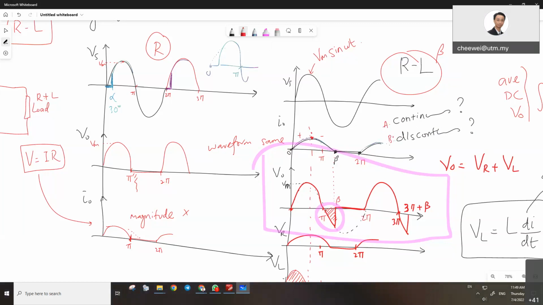B. Why is that discontinuous? Because it is interrupted at beta. You're right. Discontinuous means the current is interrupted. And what does it mean by interrupted?